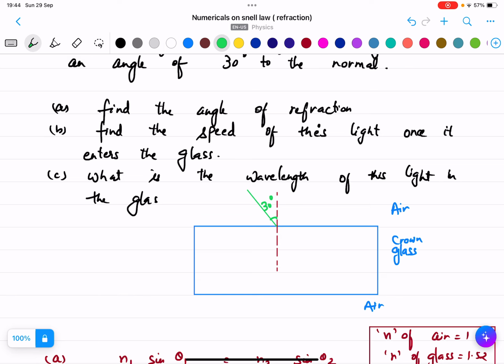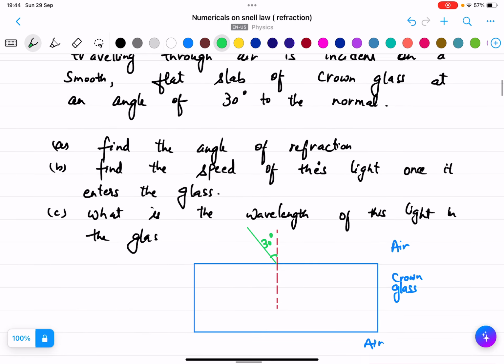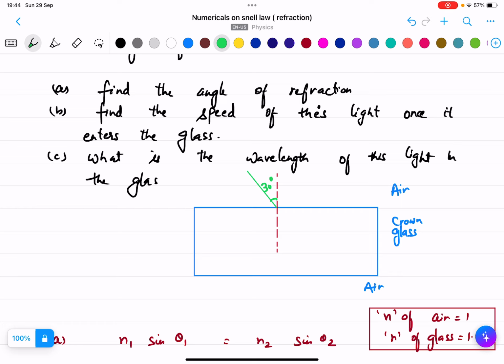Find the angle of refraction. We need to find whether this ray will be bent towards the normal or away from the normal. So we need to find out this angle, and this is your normal line N.